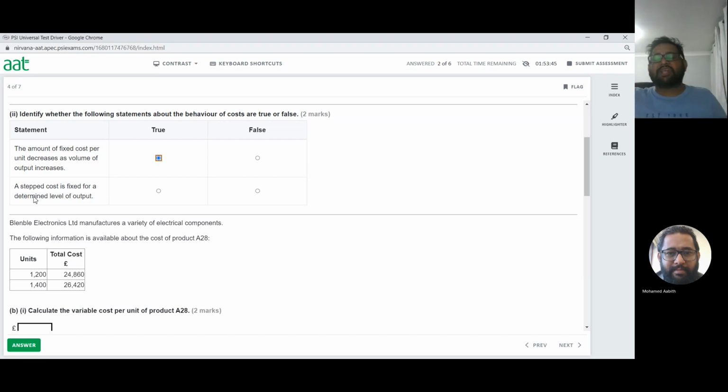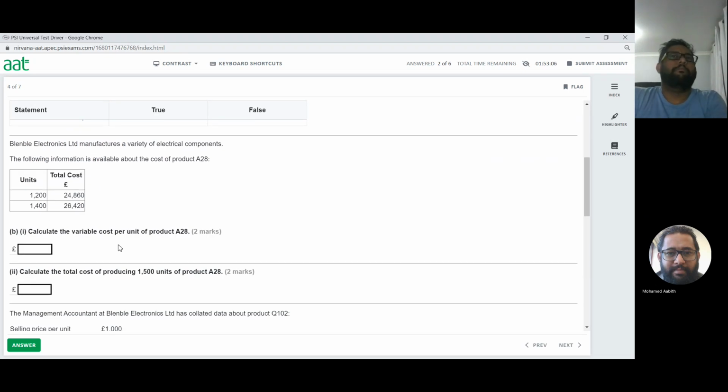But when I make one extra unit, the 10,001st, I may have to hire another warehouse because I will not be able to keep more than 10,000 in my current warehouse. So until production reaches 20,000 with a similar warehouse, the fixed cost will now increase to £2,000. One warehouse is £1,000, two warehouses is £2,000. So it remains the same depending on the determined level of output. Okay, so that is also true.